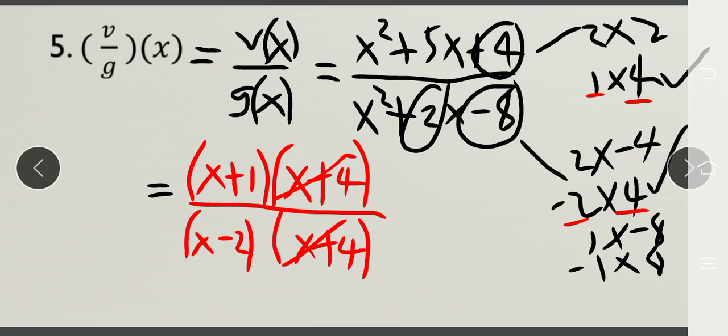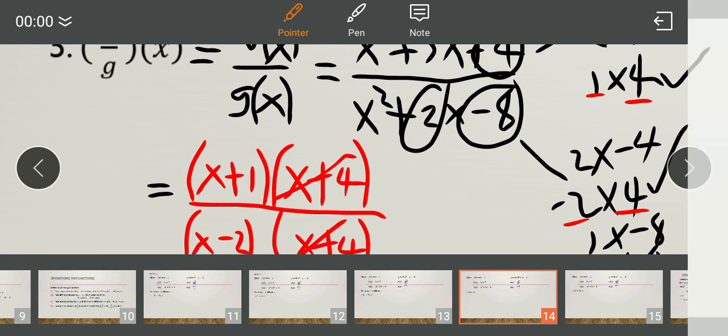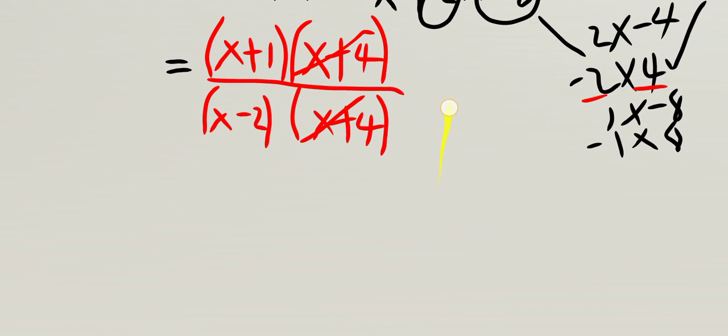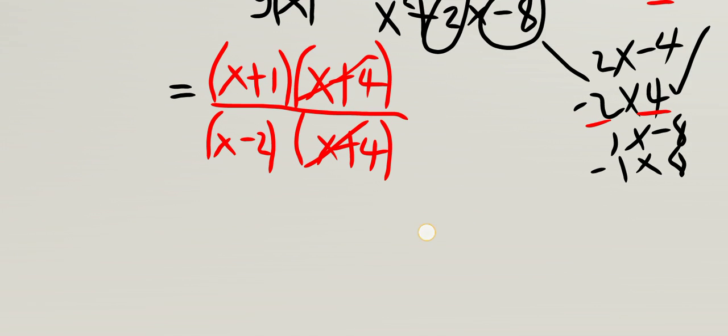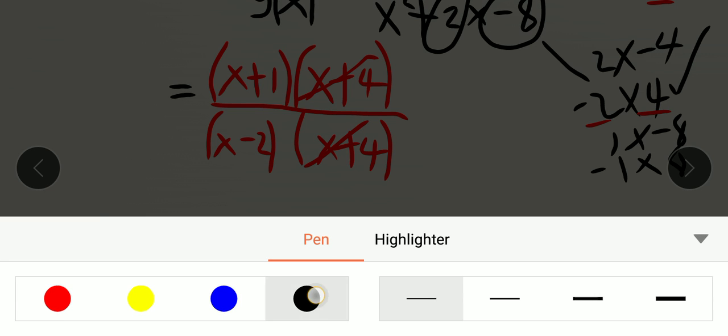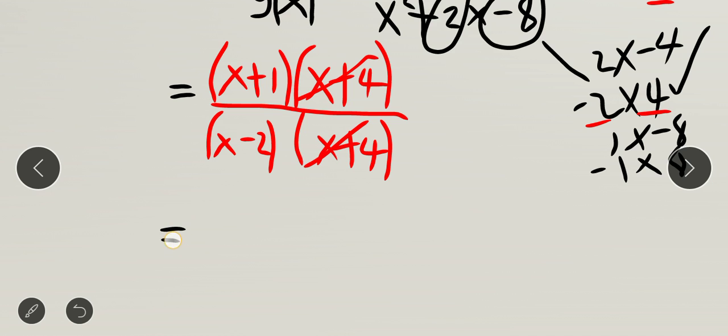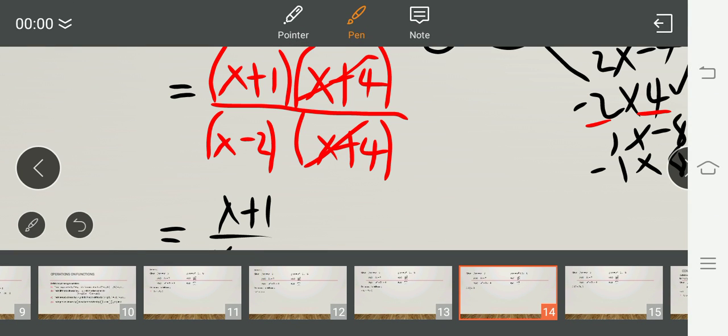So therefore, this is now equivalent to x plus 1 over x minus 2.